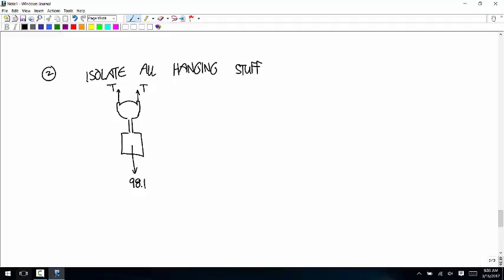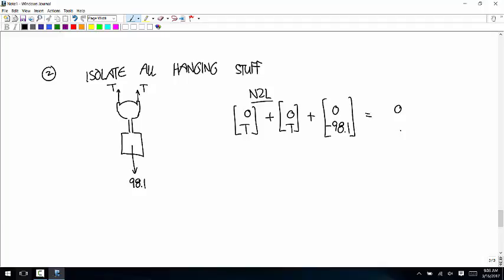Okay. And so Newton's second law says 0T plus 0T plus 0 plus negative 98.1 is equal to 0. And so 2T minus 98.1 is equal to 0.